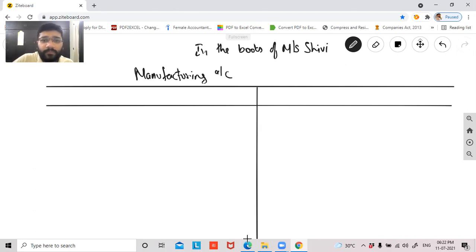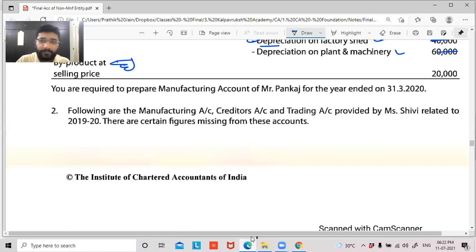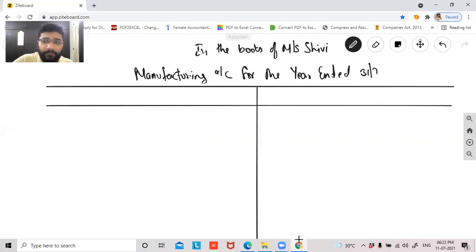Manufacturing account for the year ended. What is the year ended, guys? Can I say 31st March 2020? Yes, sir. Debit, credit. Particulars, rupees inner column, rupees outer column.